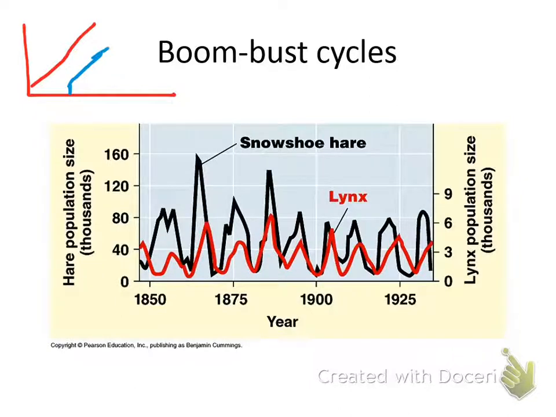What's going to happen as the predator increases? What's going to happen to the original population? Well, it's going to decrease. And then as it decreases, so is the predator. Why? Because they're hungry, right? There's not as much food. And eventually you should see where it levels out.